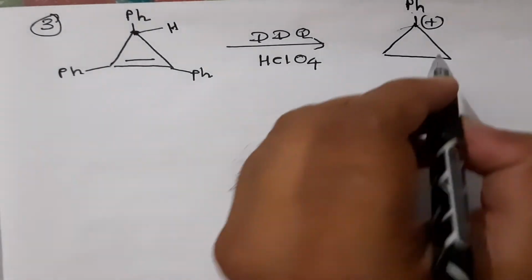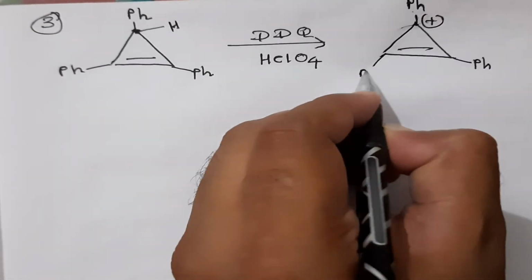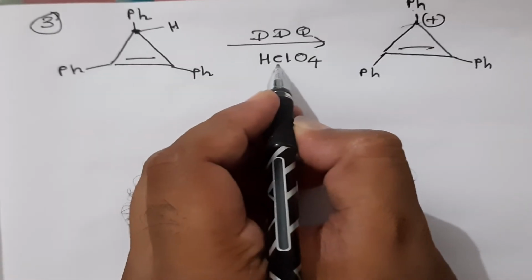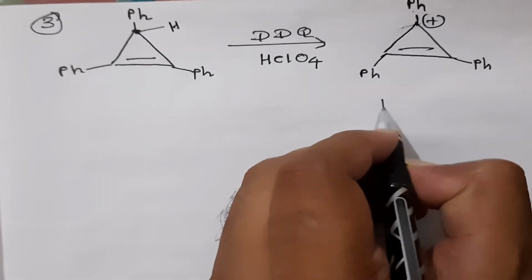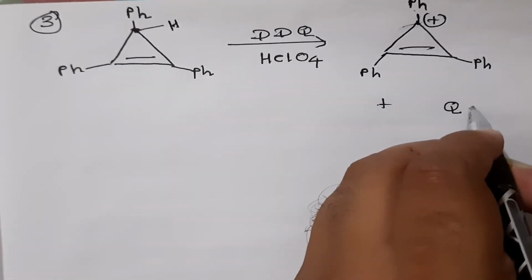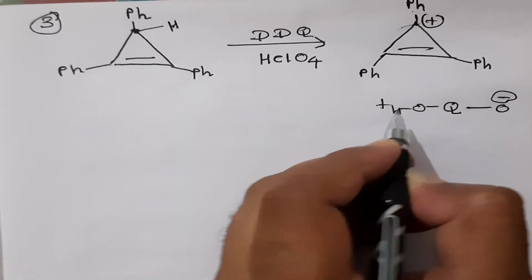Generate a positive charge here. The 3-phenyl remains as it is, and the DDQ from the first step is converted into Q O minus and OH.